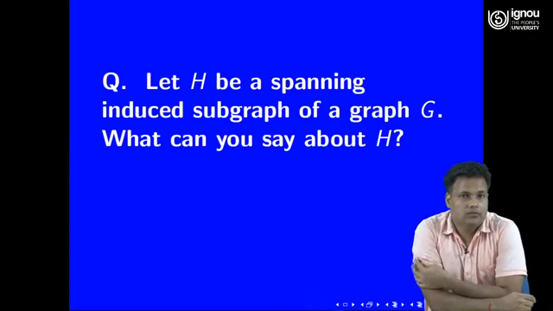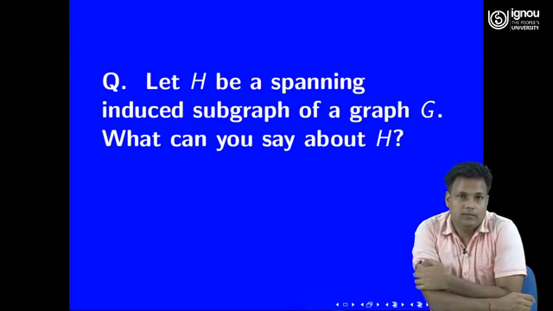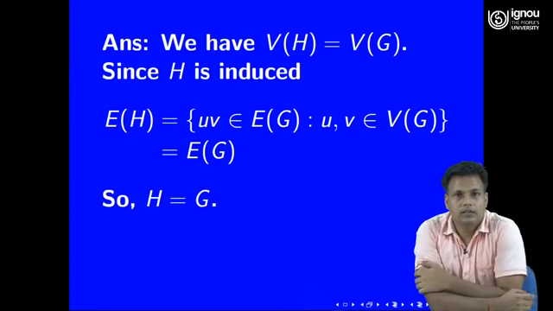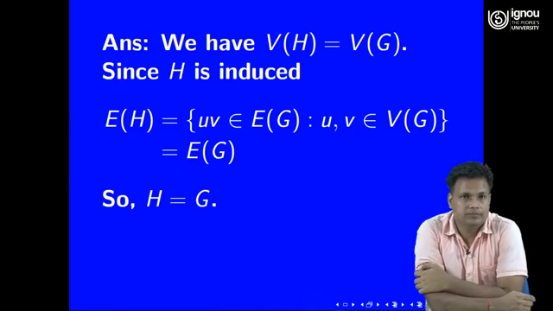First of all, H is a spanning subgraph of G. It means that the vertex set of H must be the same as the vertex set of G, that is VH equals VG.